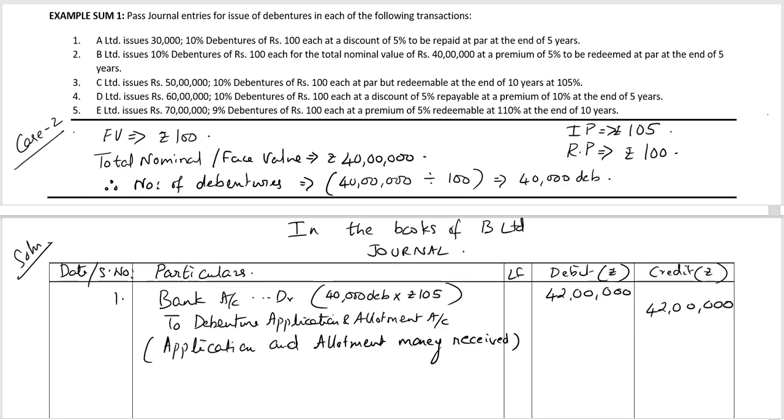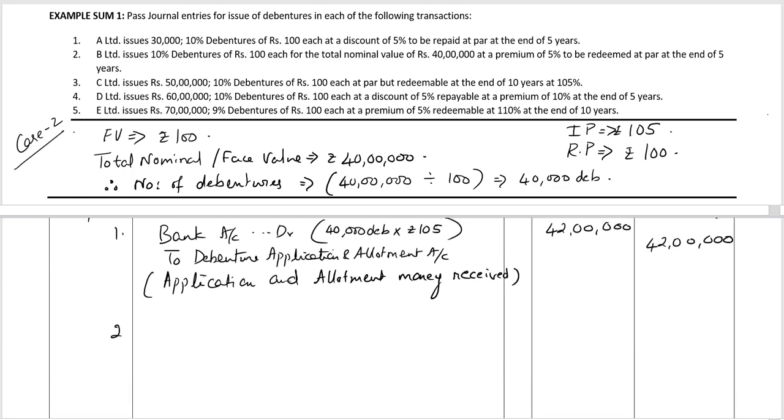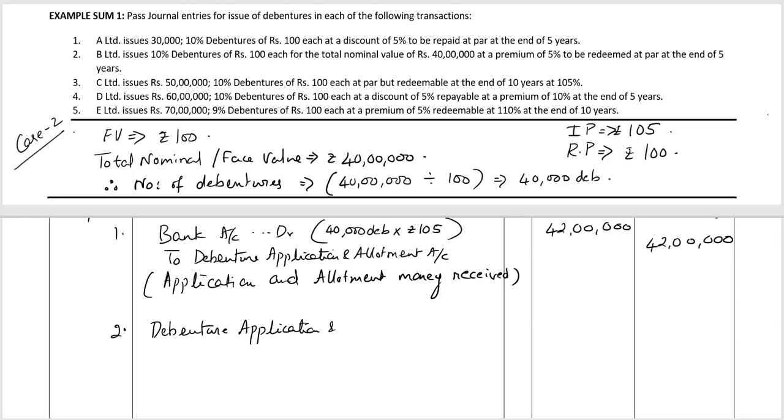The next entry is for the issue of debentures. Debenture application and allotment account debit, the amount of application money received 42 lakh rupees, to 10% debentures account.